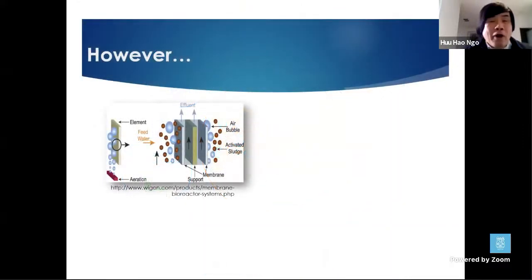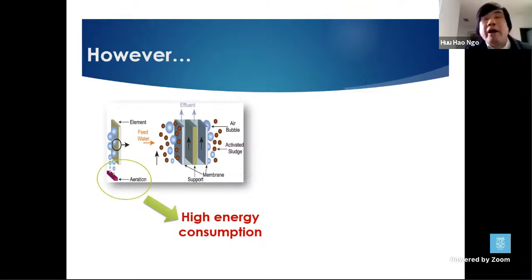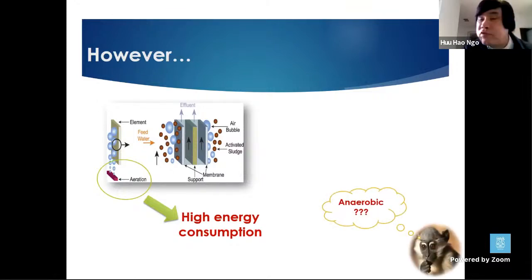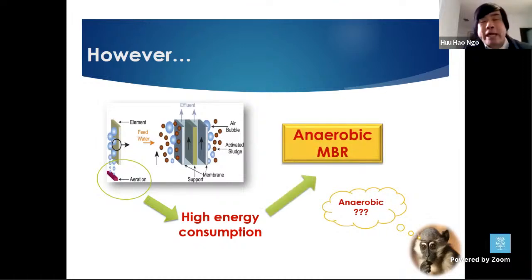All right, so now, however, why did I put however? Because aerobic MBR is very good, very good. But the very important thing is aeration. Because we need the air pump, we need the air diffuser to provide air into the system continuously. We cannot stop. So that's why the energy consumption is very high. And that's why we have to think about anaerobic MBR.